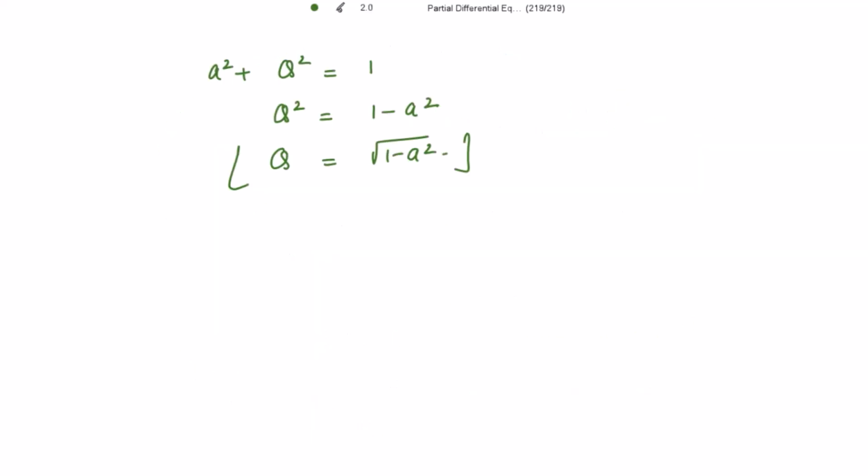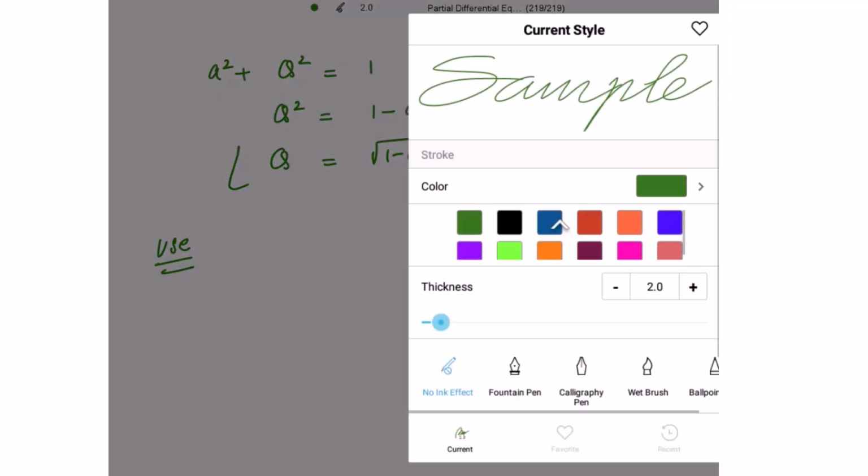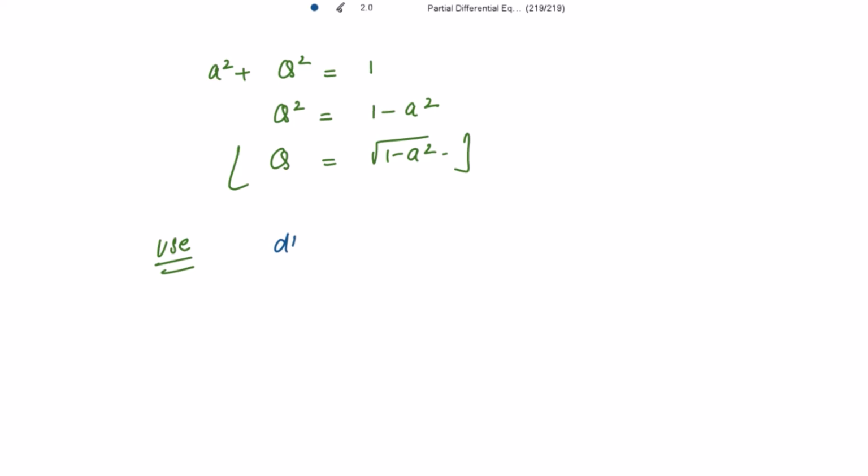And now I am going to use the equation dw equal to capital P du plus capital Q dv. Now putting the values of P and Q over here, we get a du plus the square root of 1 minus a square dv.